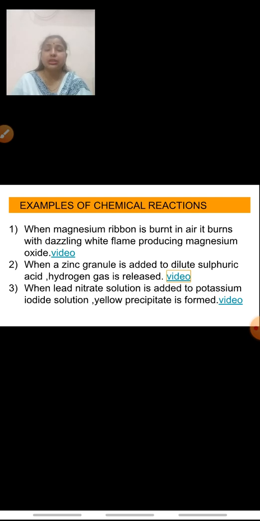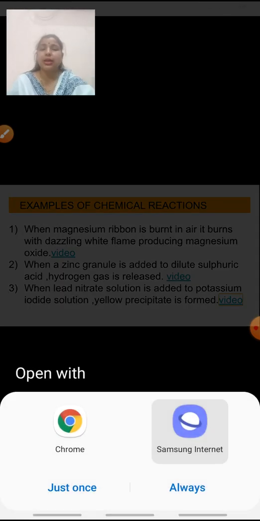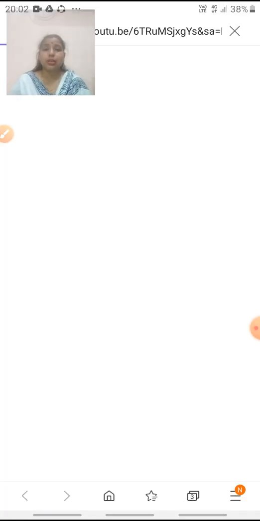Now the third example of the chemical reaction that we have taken is when lead nitrate solution is added to potassium iodide solution. Then a yellow colored precipitate is formed. Now with the help of this demonstration, you all will learn about the formation of precipitate, that is one of the important chemical characteristics of a chemical reaction.